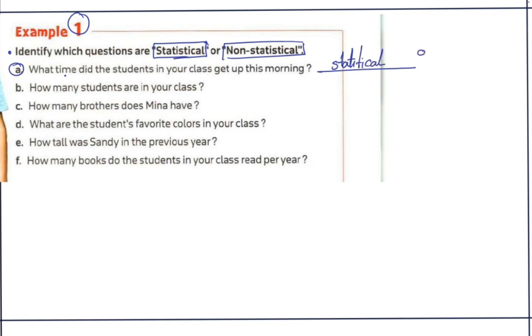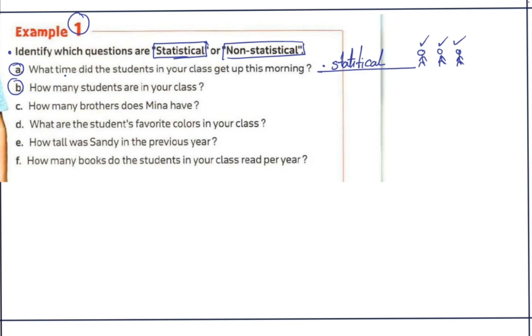Why? You need to ask everyone about the time, and of course it's different from one to another. I need to collect data from them, so this question is a statistical question. B: how many students are in your class?